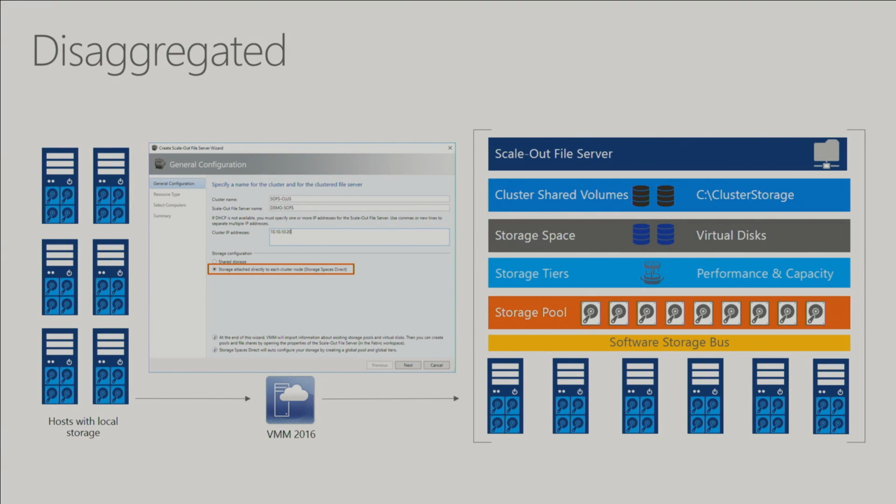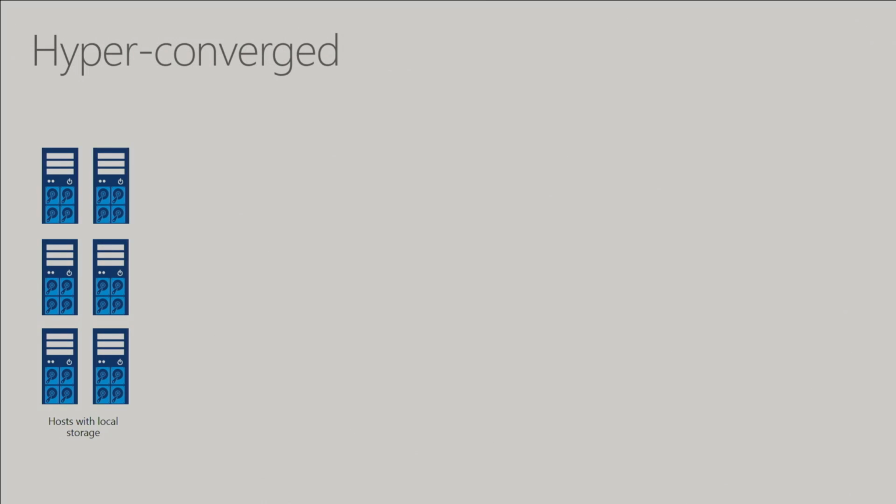And then on top of that, you can create virtual disks and volumes on which you can store the VHDs for your VMs. So when you go through this, up to the tiers are created. And then you can go to the cluster and create a volume, when we automatically go and create the virtual disks. Similar is the case for hyperconverged. You start with the host.